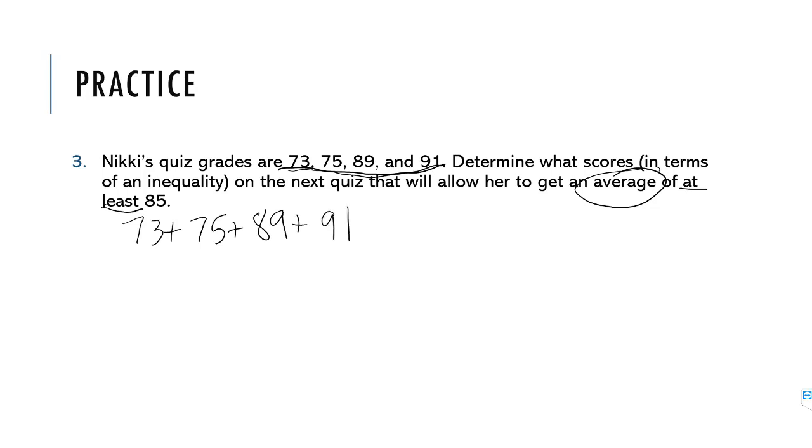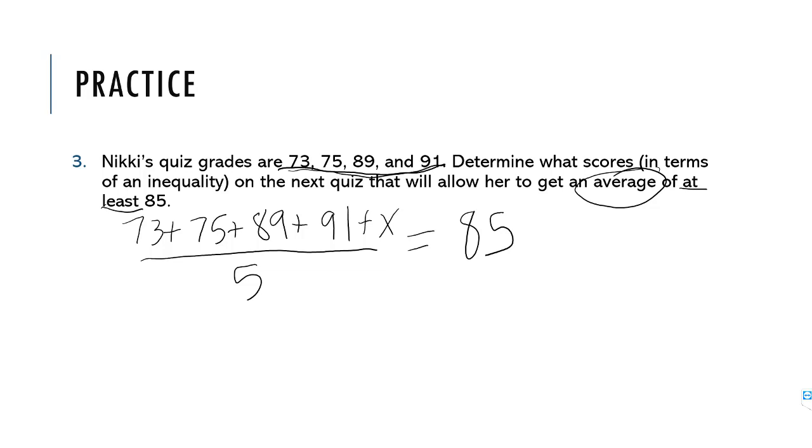In order to find the average of all 5 of her test scores, we need to add on the unknown test score. Let's solve this problem like an equation with an equal sign and then add on our inequality at the end. So let's say what we want it to be in order to have an average of 85.